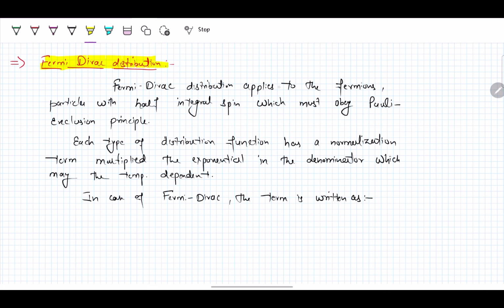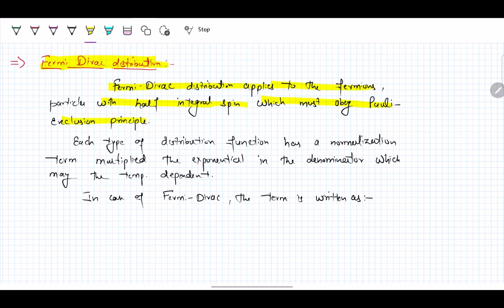The Fermi Dirac distribution applies to fermions, which have half integral spin, and the example is the electron.